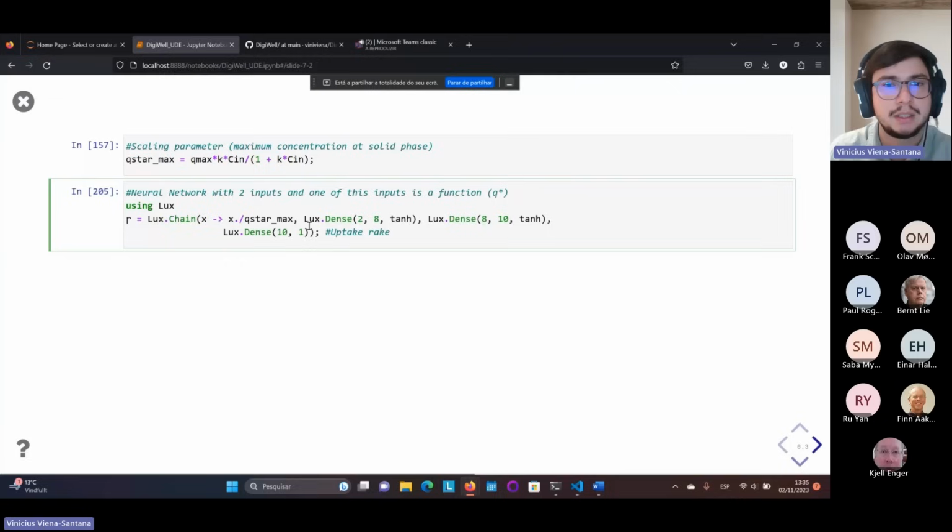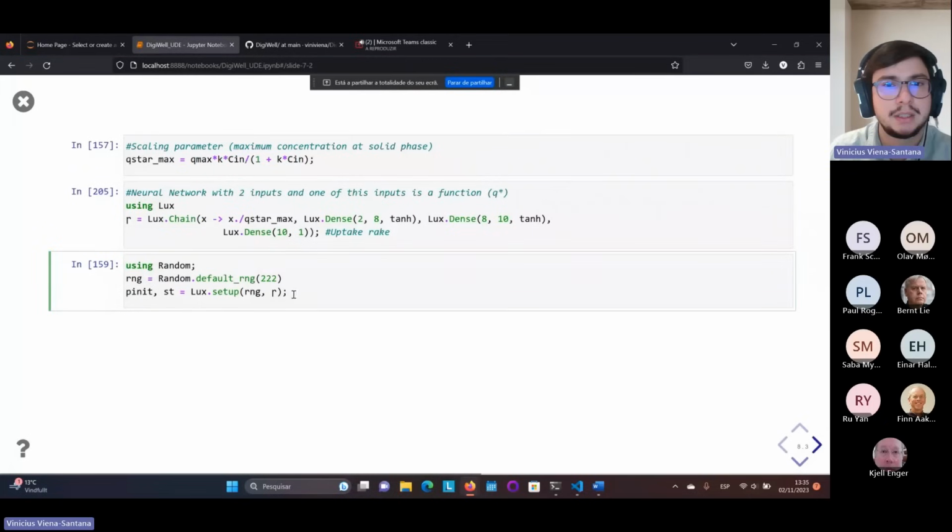Now moving on to the neural network itself, you can see that I have two inputs, and then in this intermediate layer I have 8 neurons, and I'm using the hyperbolic tangent activation. Then I have a second layer with 10 neurons, also with the hyperbolic tangent activation. And finally, I have my readout layer that maps from a 10-dimensional vector to a scalar.